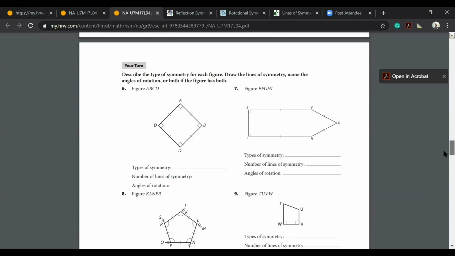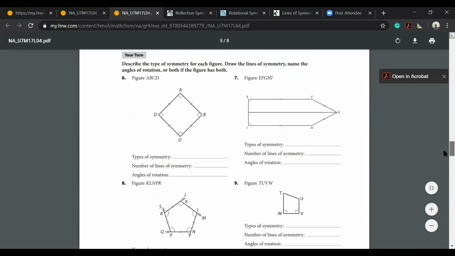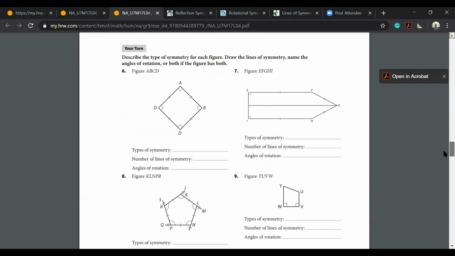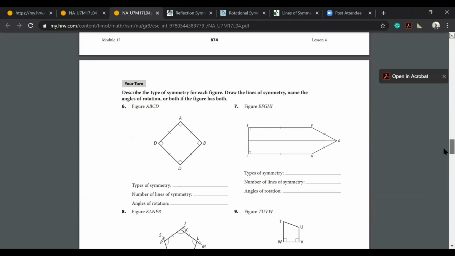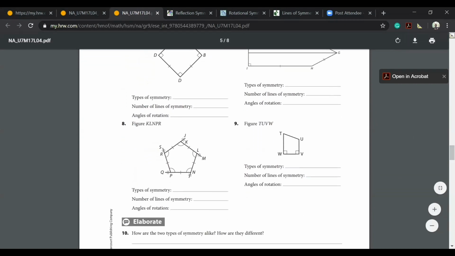And in here, I'm going to do question 8 with you because I think you might be confused with number 8. For number 8, it is the same. Just tell him, does it have a line symmetry, and tell him the angles of rotation. First of all, does this have a line symmetry?